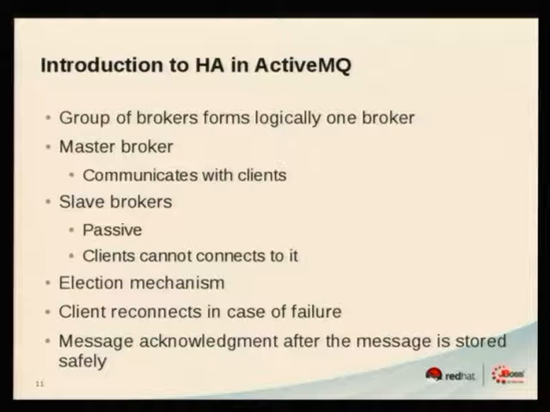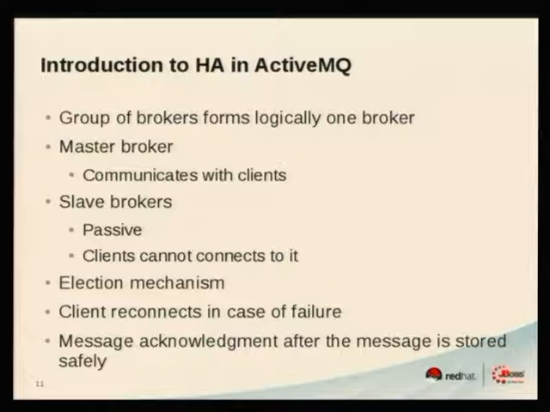The mechanisms differ by election, because somehow it has to be chosen who will become the master. Also, when a message is sent to the broker, it can acknowledge that message as received only after it's stored safely somehow. What does safely mean? It depends on the mechanism which is used.